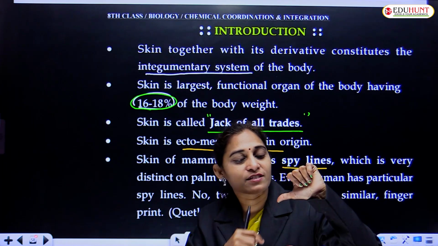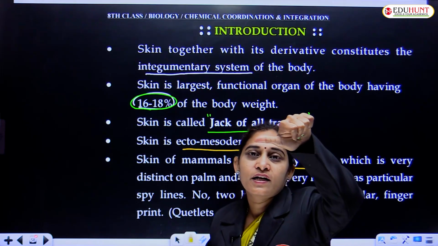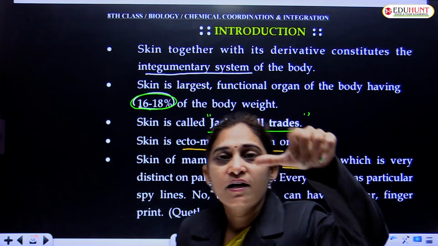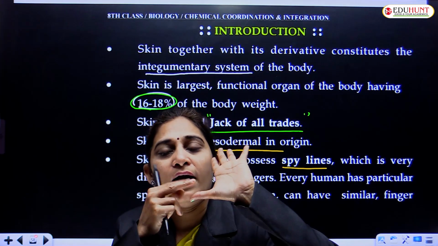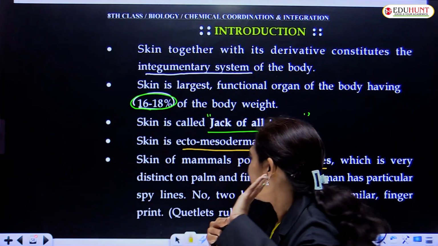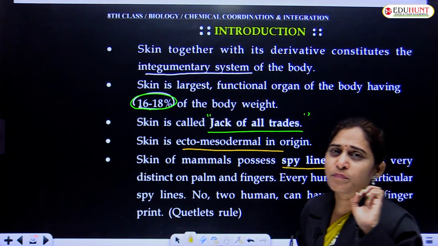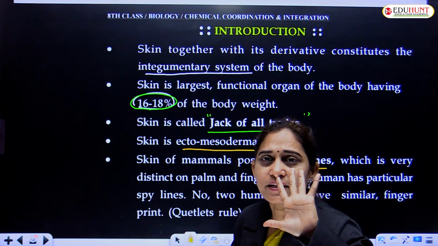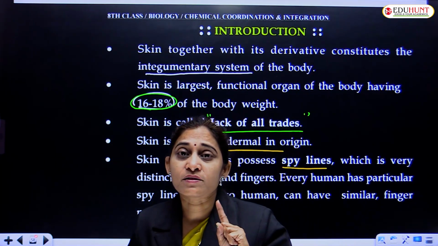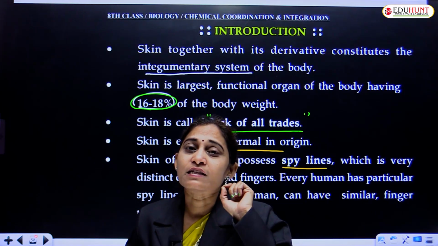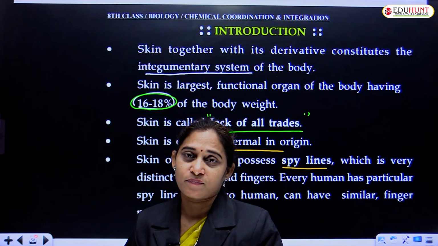Every human being possesses these lines, and no two humans can have the same fingerprints.